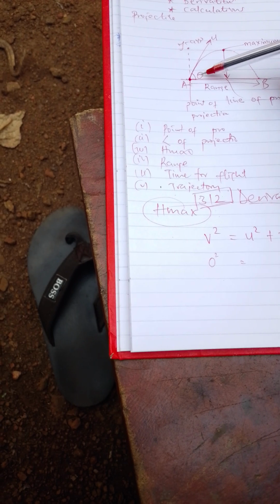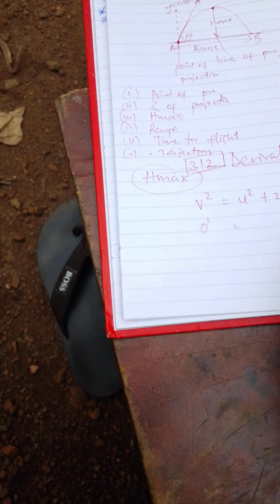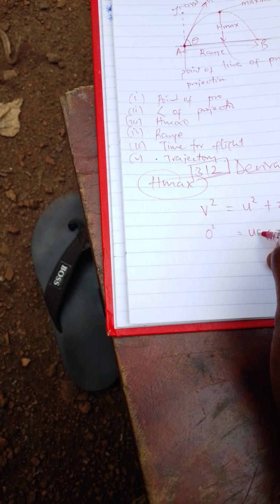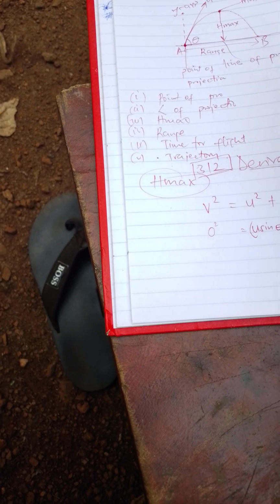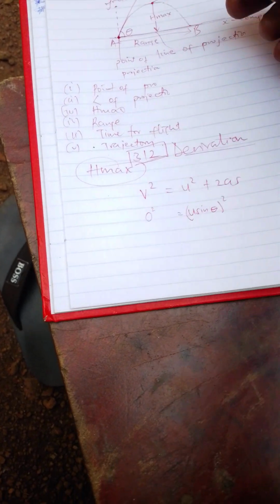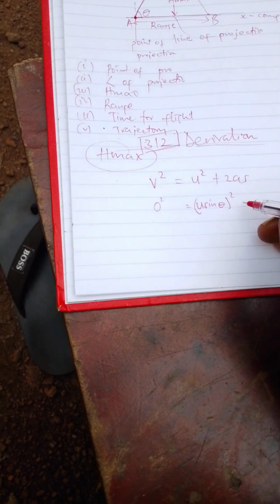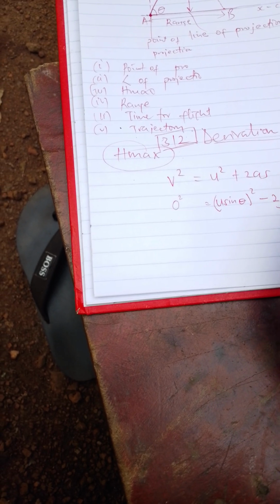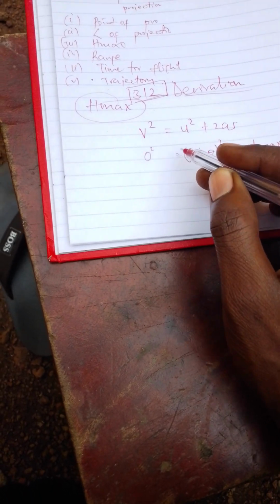Because this angle is opposite the vertical axis, I'm going to use sine. Therefore, this is u sine theta, but squared. Because I'm ending on the maximum point, the body will be opposing gravity. Therefore, I'm going to put minus 2gs, where s now becomes the maximum height.